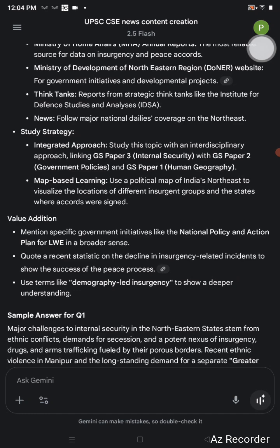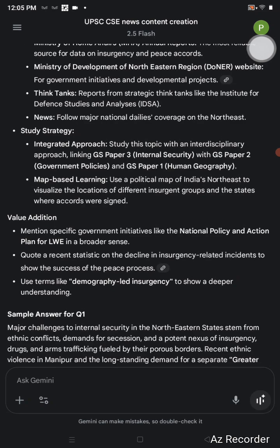Use terms like demography-led insurgency to show a deeper understanding. That is what we call a keyword. If you use some specific word, not just a general word, that will give you an extra edge. Mention specific government initiatives, recent data and statistics, and some keywords. For each subject topic, there is some specific keyword that will give you an extra edge.